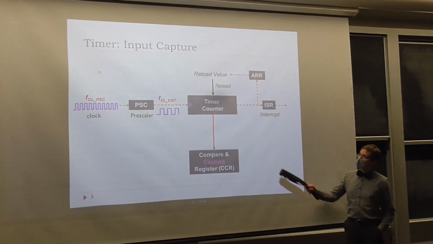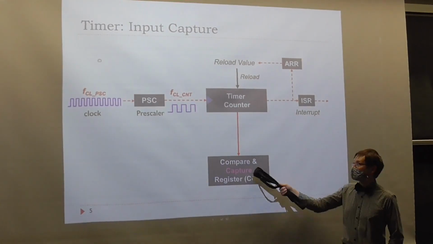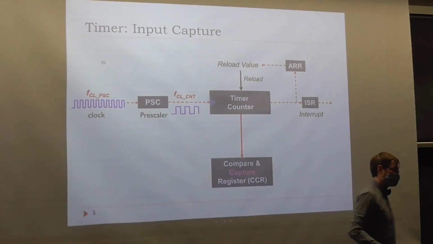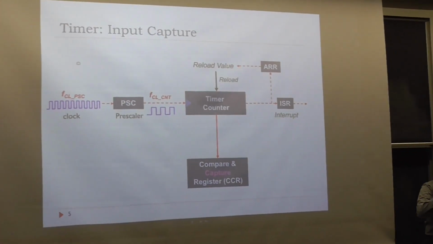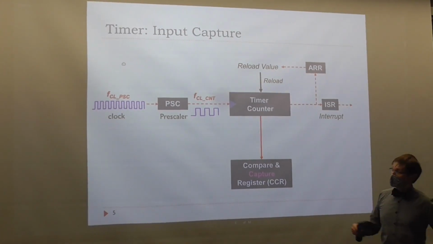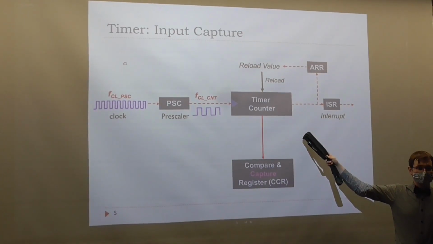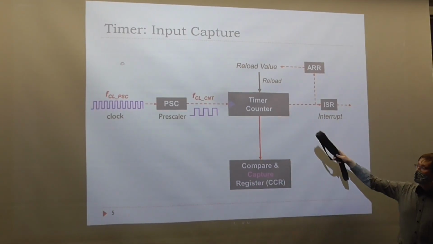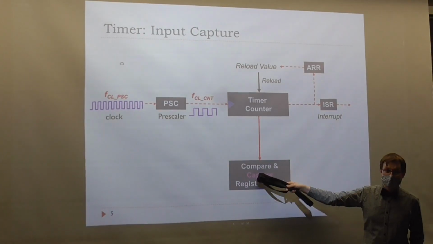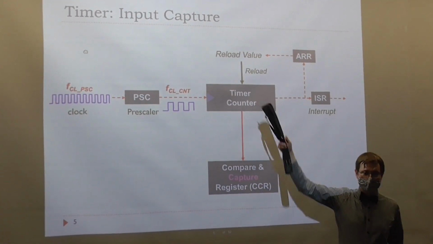In compare mode, we are waiting for the counter to acquire a certain value which is held in the compare and capture register. When that happens, we generate some kind of signal which is very configurable. In capture mode, we wait for an external signal to come in. We then capture the current value of the timer counter, right?